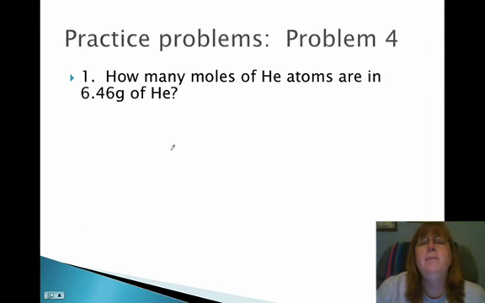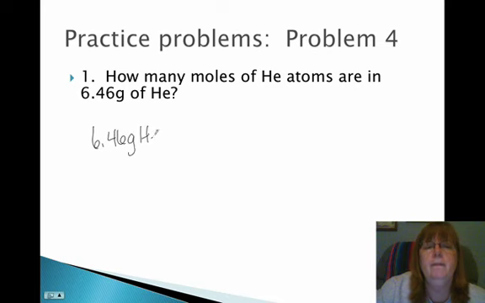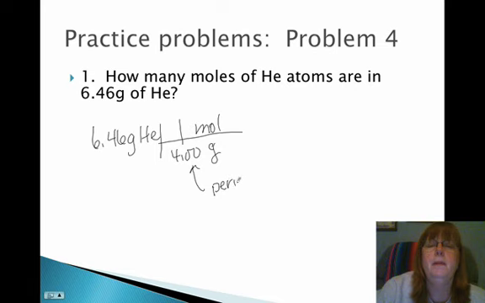Okay, how many moles of helium are in 6.46 grams of helium? So always start with what's given. And we don't want grams, we want moles. And in 1 mole of helium, there is 4.00 grams. I got this number from the periodic table.